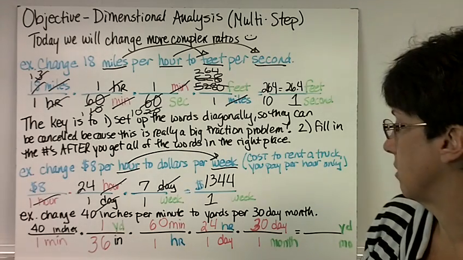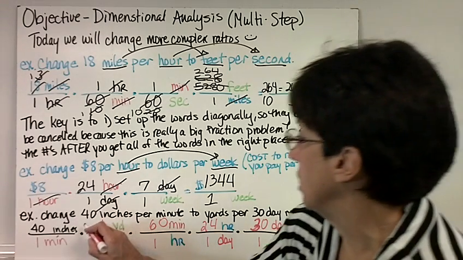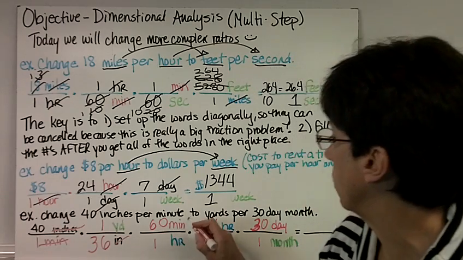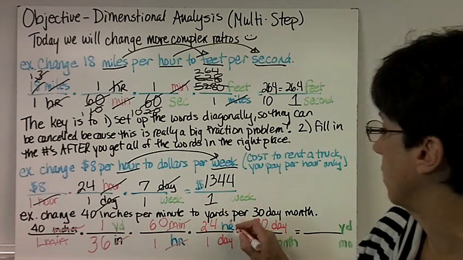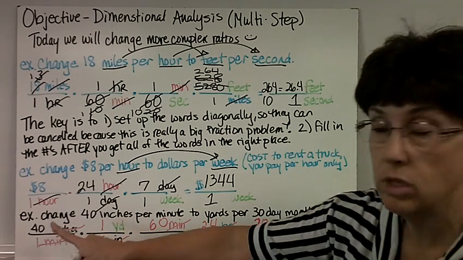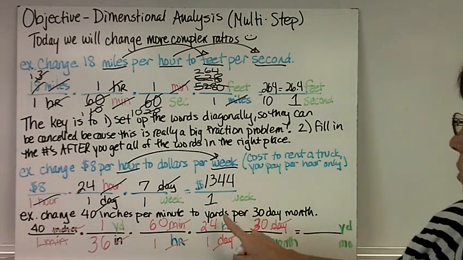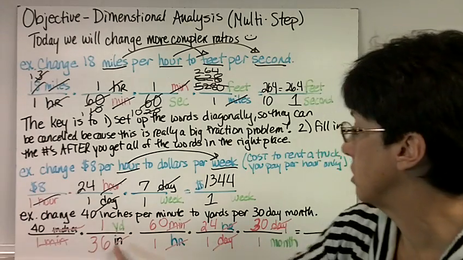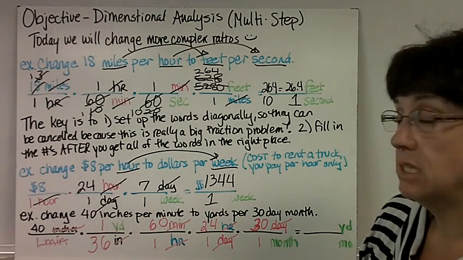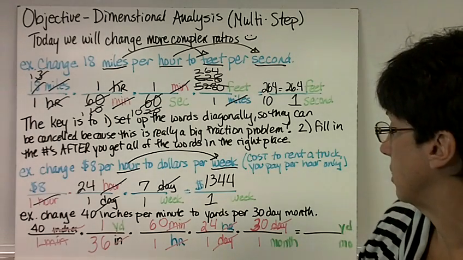All right, what can we cancel? Inches with inches, minutes with minutes, hours with hours, days with days. And now our only word in the numerator is yards, which is what I want. And the only word in the denominator is months, which is what I want. Let's see if we can simplify any of our numbers now.